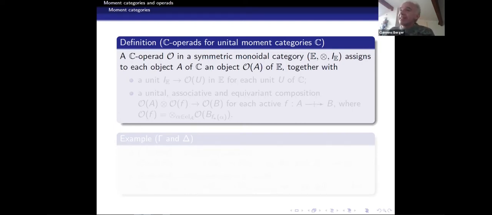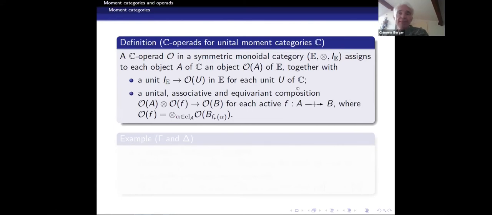You can take sets if you want, but you can take any symmetric monoidal category. And a C operad assigns to an object A of your category C an object OA of your category E, together with a unit map for each unit of your moment category, and a composition map which takes the following form. You have OA tensor OF into OB for each active map.